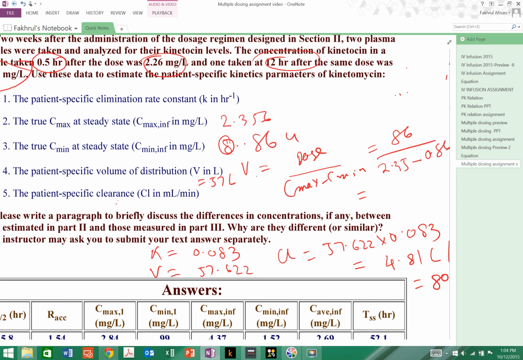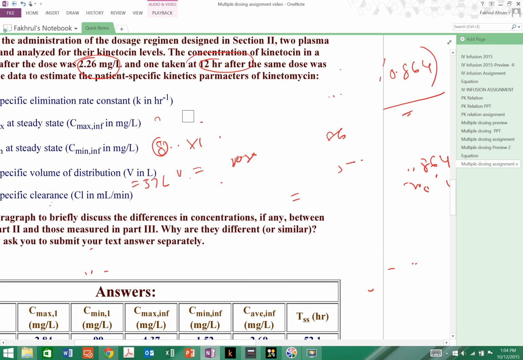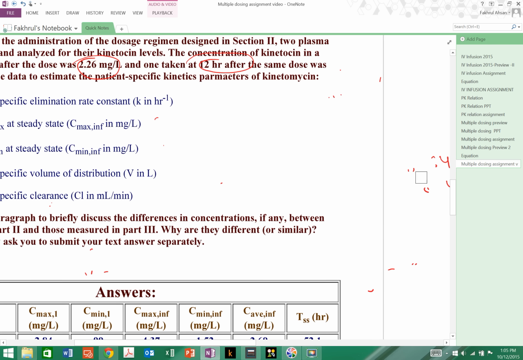So this is all the problems of multiple dosing. Overall, in multiple dosing, you have to do a lot of things. You have to calculate patient specific data, you have to calculate population specific values, and also you have to do some calculation for dosing regimen.